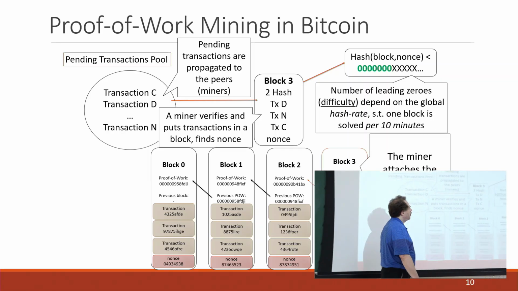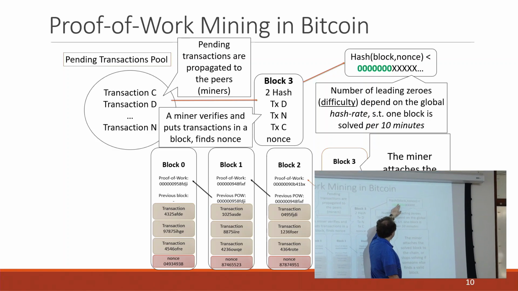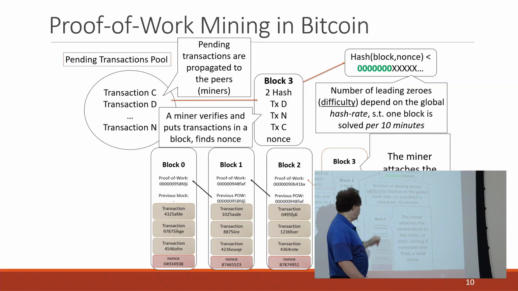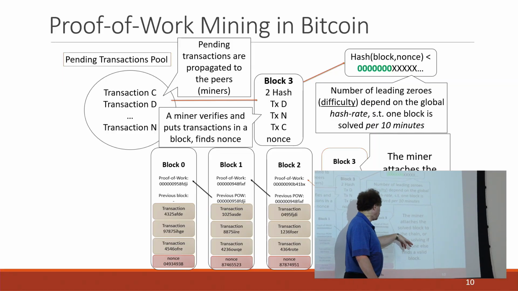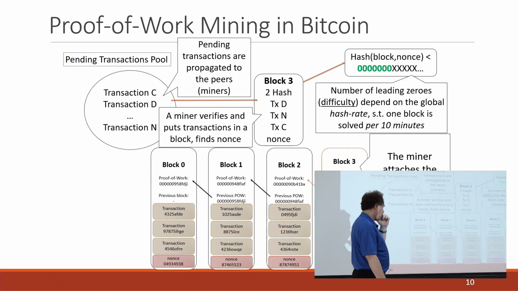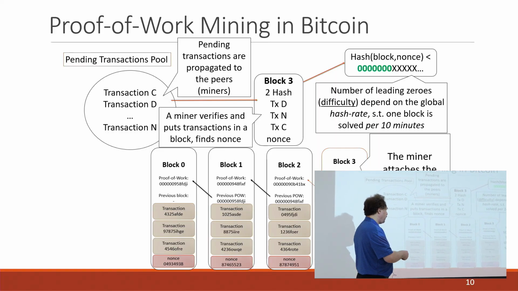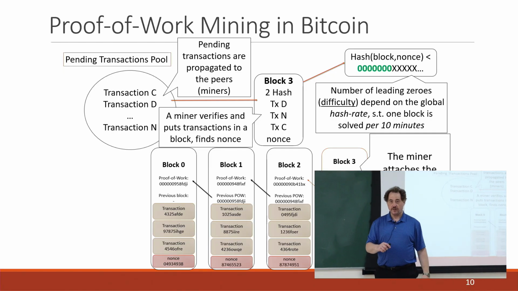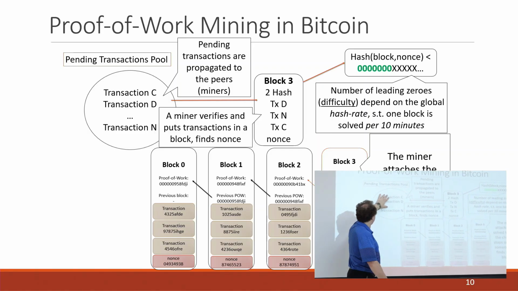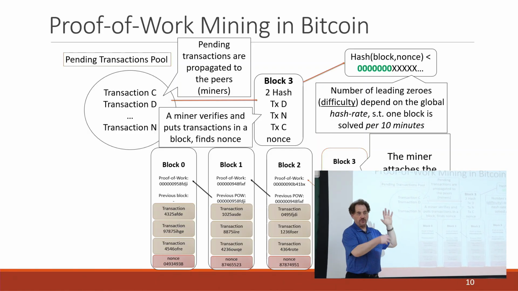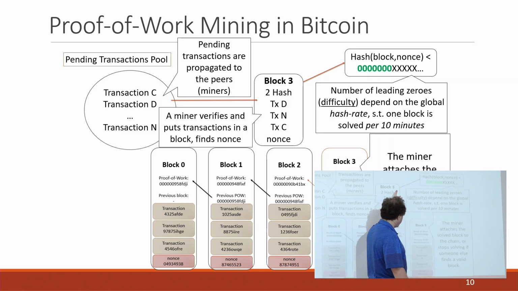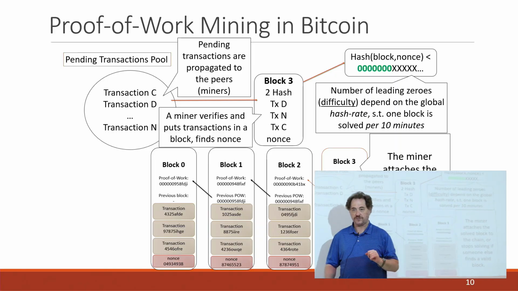Only when it successfully finds the nonce value would it declare a solution, attach the solved block to the chain and propagate the block by broadcast to the entire network, right? If someone else beats the miner to it, then the miner would update the pending pool of transactions, remove transactions from that pool, and try to form a new block, which would be block number 4 on top of block number 3.